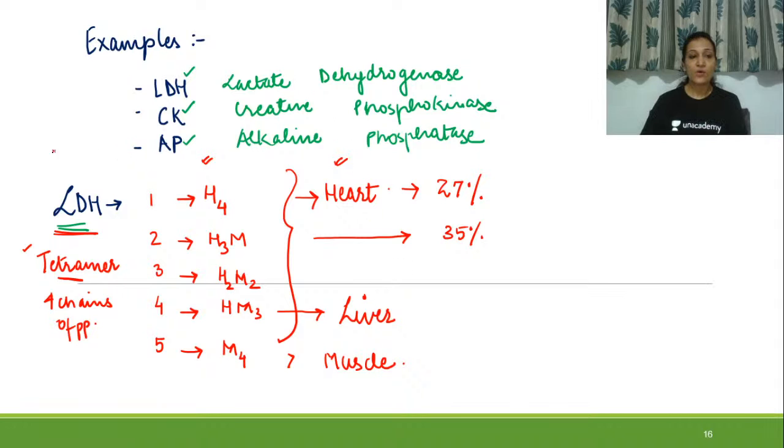So this is how the LDH is differentiated on the basis of the number of chains, where it is present, and lastly, the amount of each LDH in the body, right?